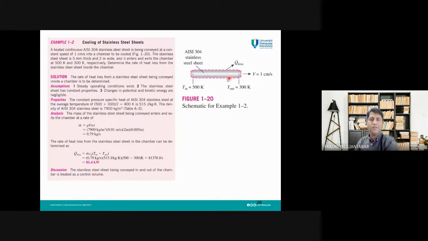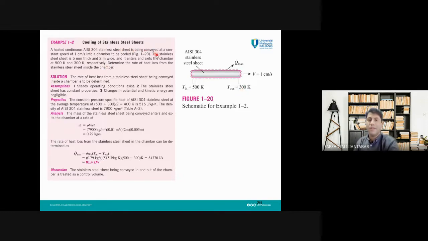It is heated, the temperature is 500 Kelvin, and it will go through a cooling chamber, and its temperature will drop to 300 Kelvin. So imagine we have a sheet, it is moving, and its initial temperature before the cooling chamber is 500. After that it will be 300 Kelvin.